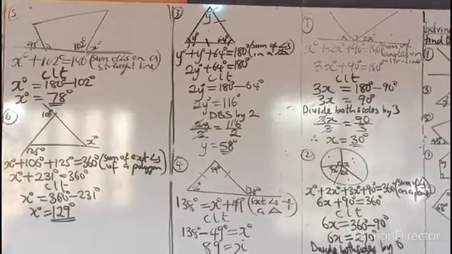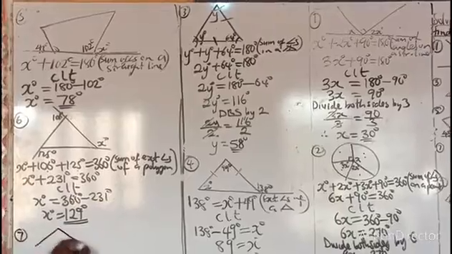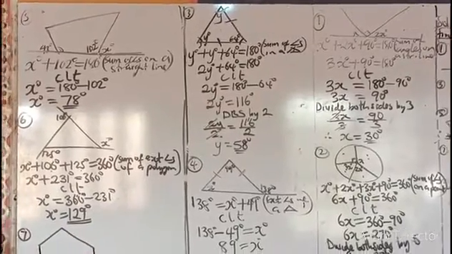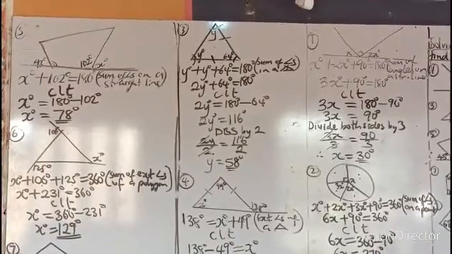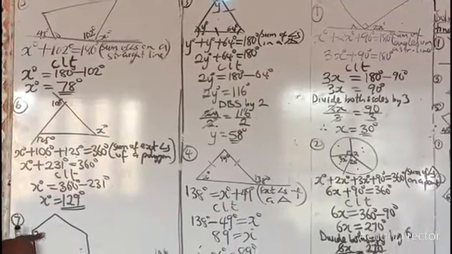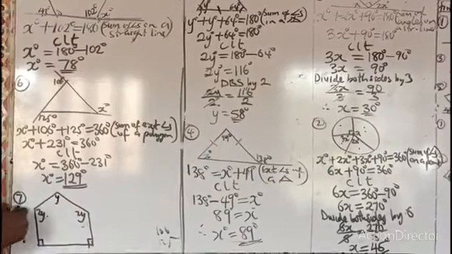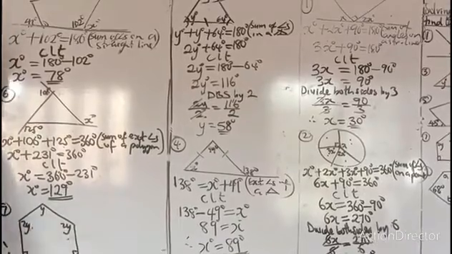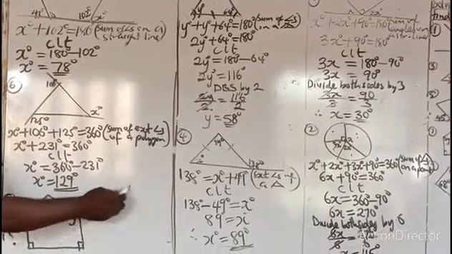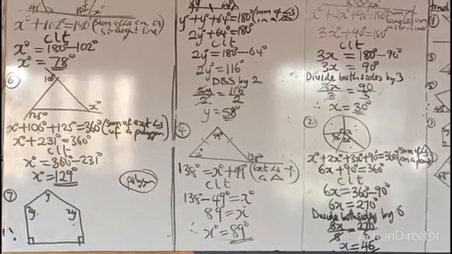Yes, sir. Alright. Now, the next one is talking about this shape. Tell me, what is the name of this shape? Pentagon. Because it has how many sides? 5 sides. Remember, polygons are shapes that have 3 or more sides.